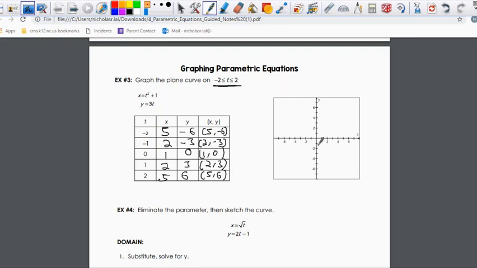All right. So we will have 5, negative 6. So x is 5, y is negative 6.